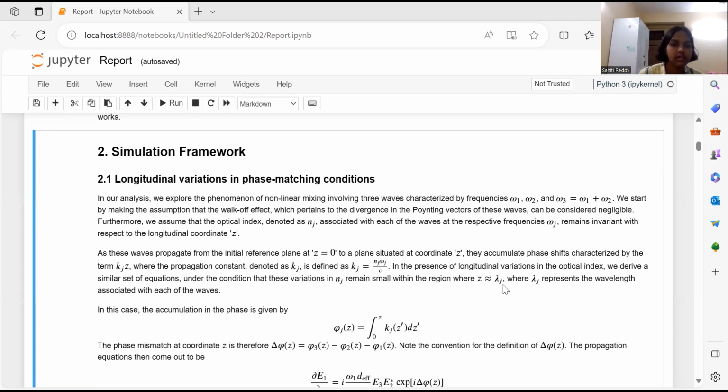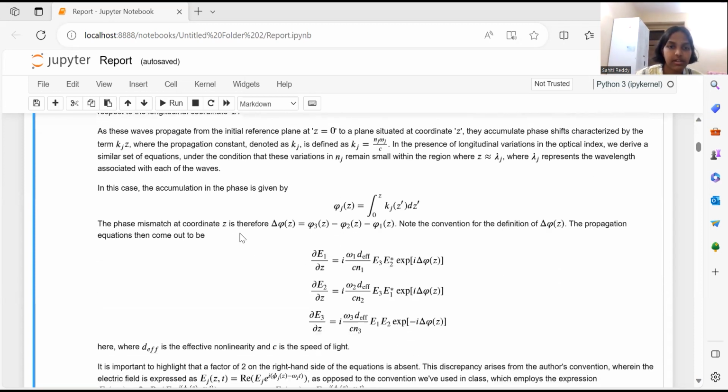So in this case, the accumulation in the phase is given by phi j of z is equal to integration from 0 to z kj of z prime dz prime. The phase mismatch at coordinate z is therefore delta phi of z is equal to phi 3 of z minus phi 2 of z minus phi 1 of z.